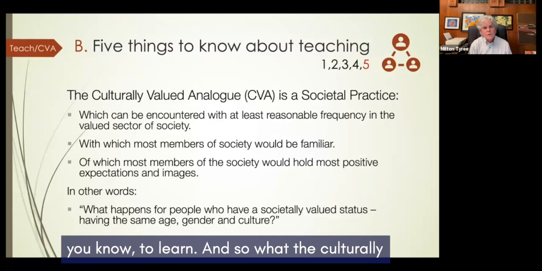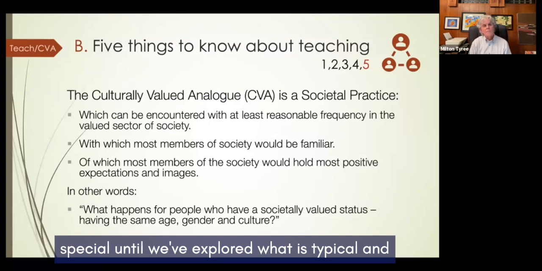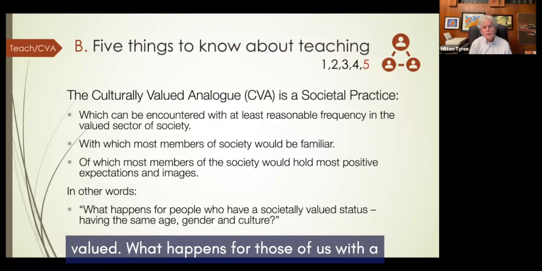What the culturally valued analog tells us is, let's not do anything special until we've explored what is typical and valued. What happens for those of us with a socially valued status, with socially valued roles.